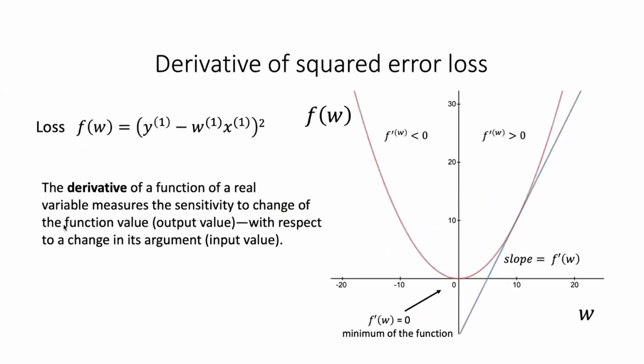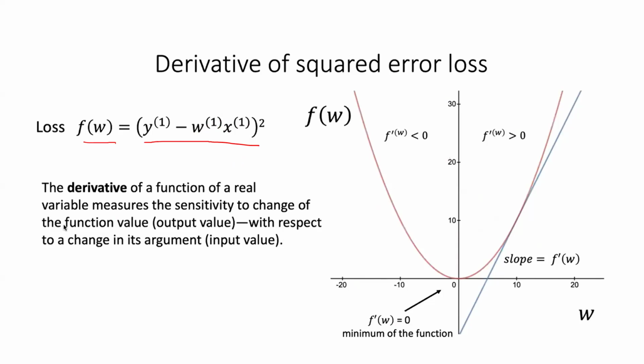Now if we plot the loss function with respect to the weight, we get the derivative of the squared error loss. To calculate the loss, f of w is y1 minus w1 x1 whole square. As we saw in the previous slide, with the change in the weight we can find out which is the better algorithm.